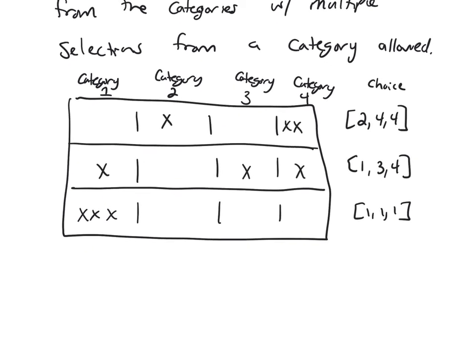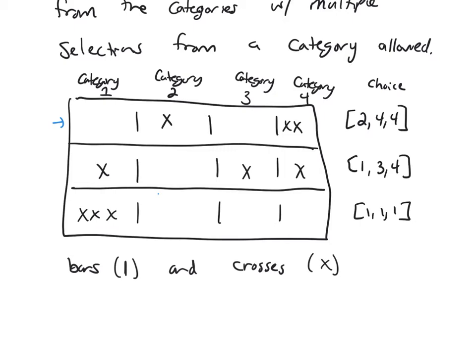If you look at each one of these rows, what do I have? I have X's and vertical lines. I have these bars, as they call them, the vertical lines, and I have crosses, these X's.